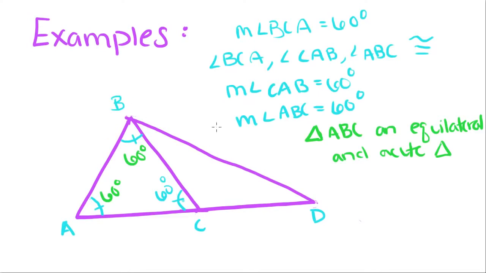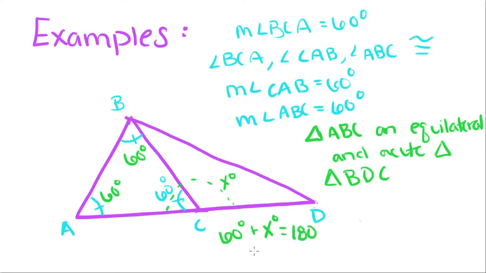So we want to find out what kind of triangle BDC is. This triangle right here. Well, if you look at these two angles right here, you'll notice that they're supplementary angles. So we can add 60 plus, we're going to call this angle X, plus X, and we're going to set that equal to 180 to find out how big X equals.